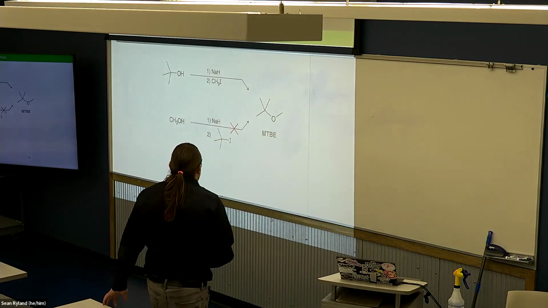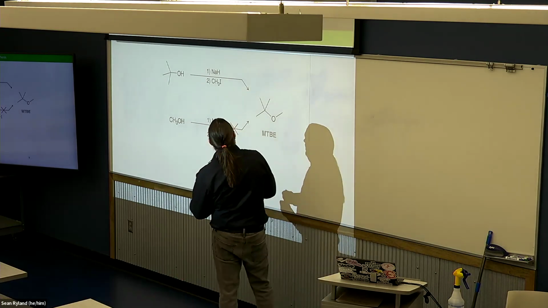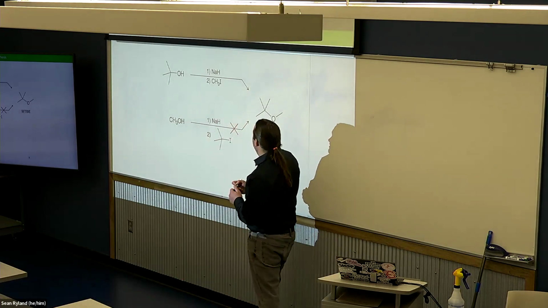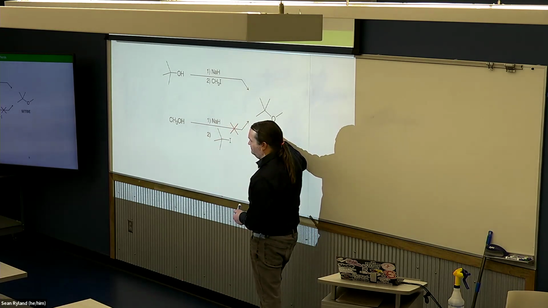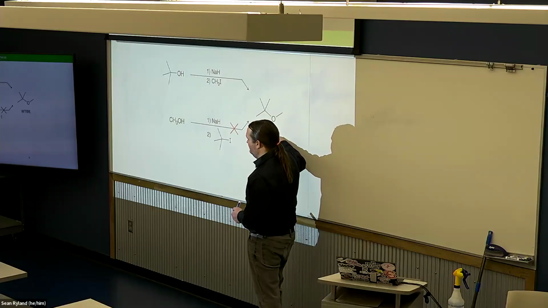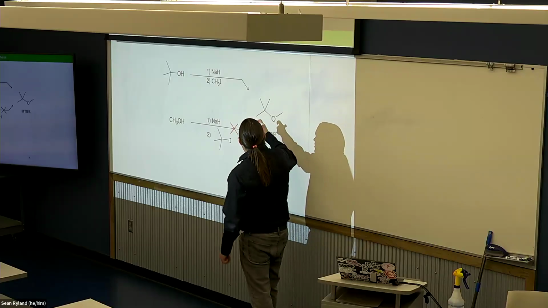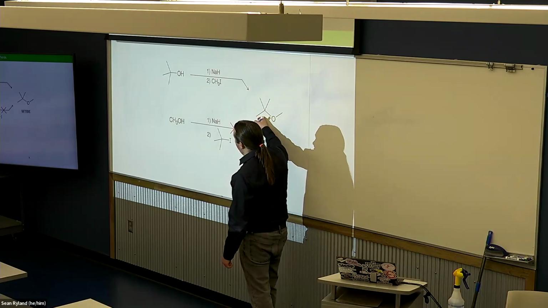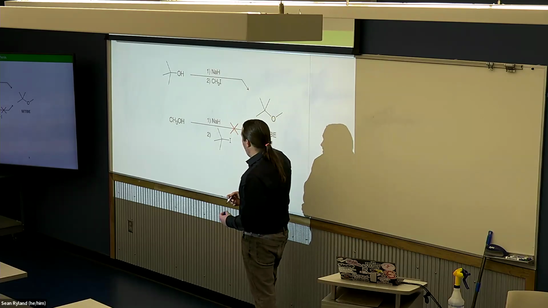Alright, so how does this work out? We're trying to use Williamson ether synthesis to make MTBE, that gasoline additive. We have to choose our steps properly.